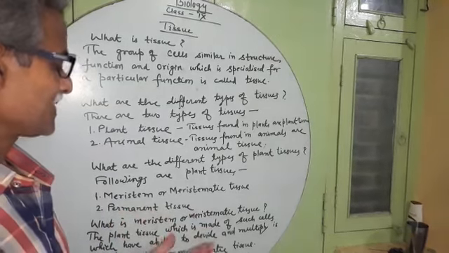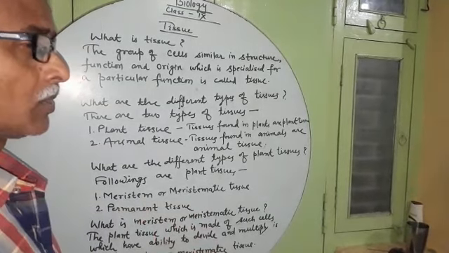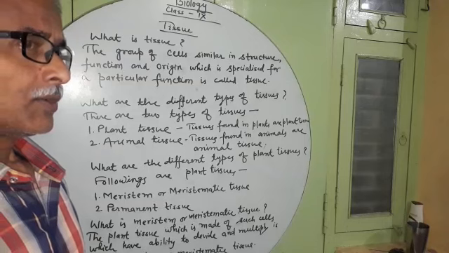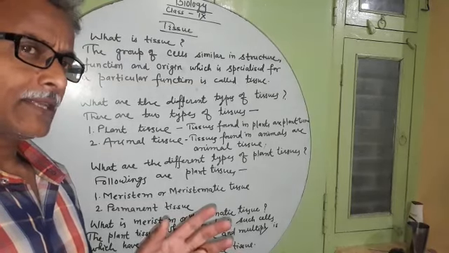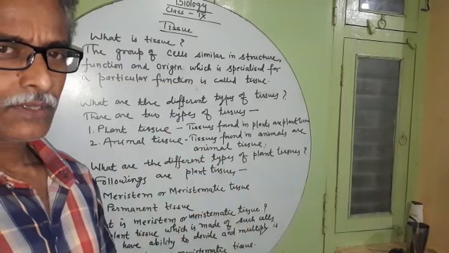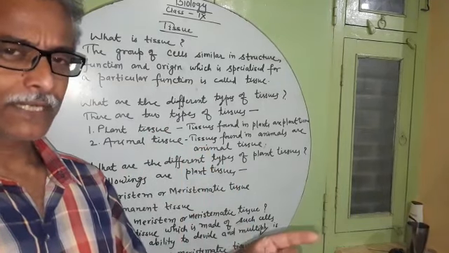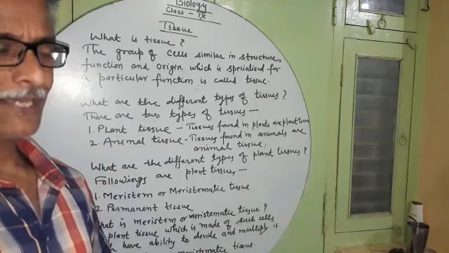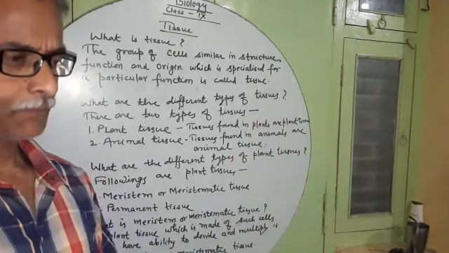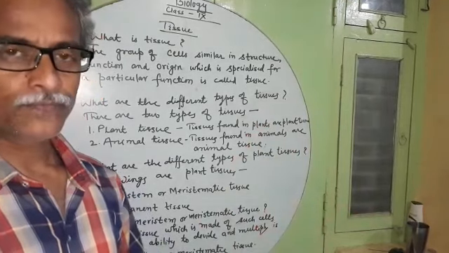What is meristeme or meristematic tissue? Look at any plant, just like a plant of sugarcane, a plant of bamboo, a plant of tomato.